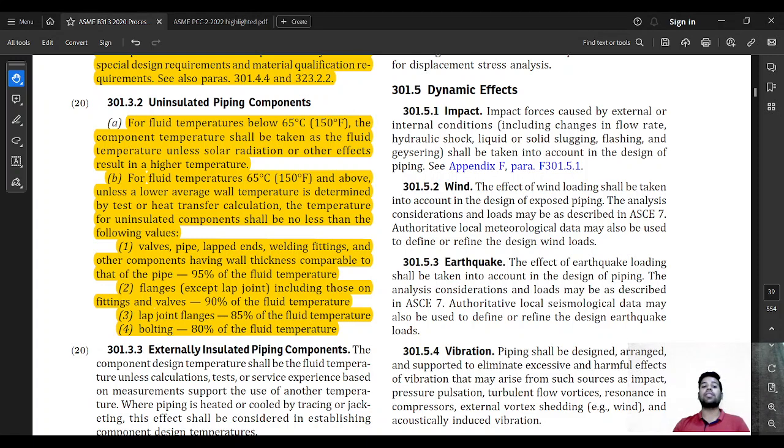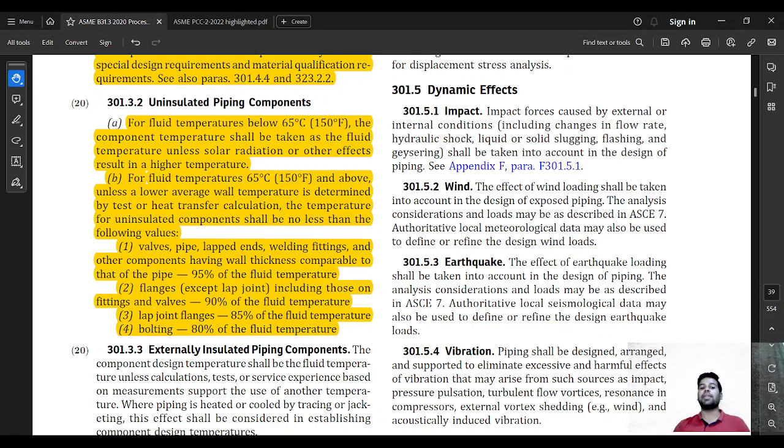For fluid temperatures 65 degrees and above, unless a lower average wall temperature is determined by heat transfer calculations, the temperature for uninsulated components shall be no less than the following values: valves, pipe, lap joint stub ends, welding fittings, and other components having a wall thickness comparable to that of a pipe, 95% of the fluid temperature. Flanges except lap joint, including those on fittings and valves, 90% of the fluid temperature. Lap joint flanges 85% of the fluid temperature, and bolting 80% of the fluid temperature.